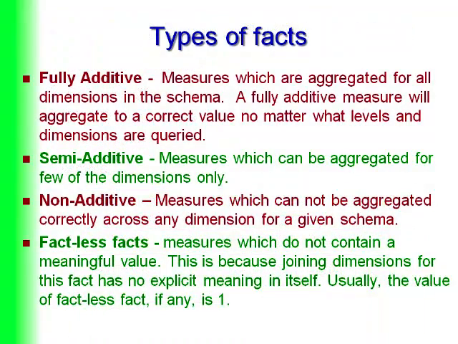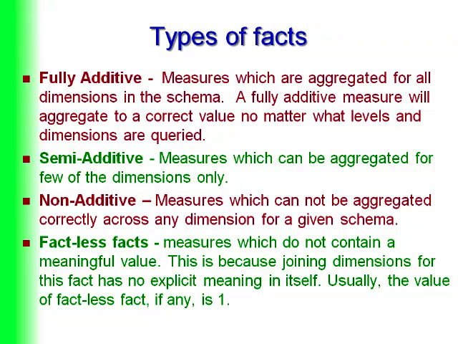We now discuss what are the different types of facts that we can store in the fact table. There are 4 different types of facts that can be taken into account while designing the fact table. They are fully additive, semi-additive, non-additive, and factless facts.